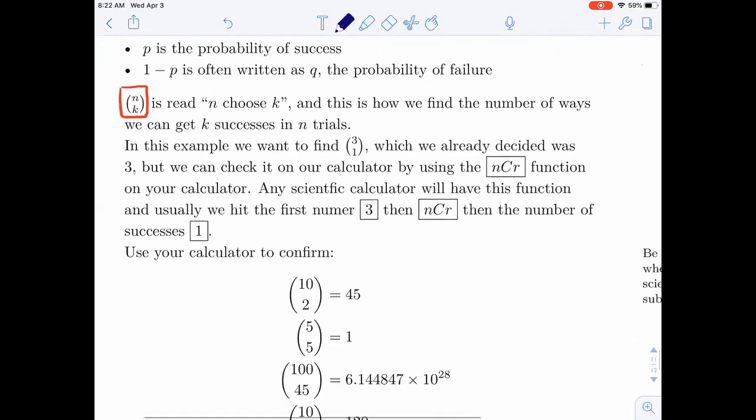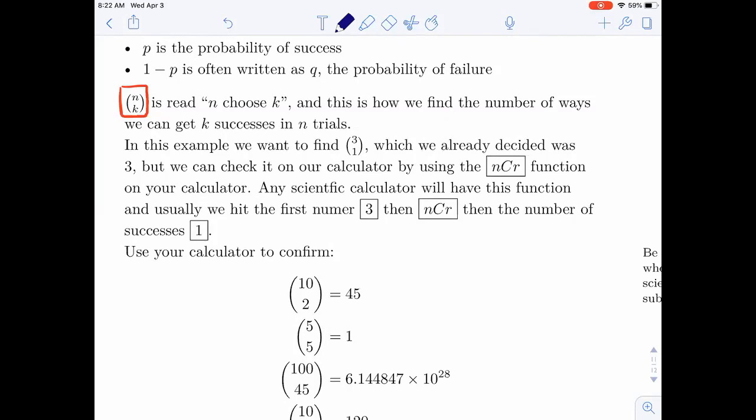For us, we've got 3 trials and we're looking for exactly one success. So we're looking for 3 choose 1. We already know there's only 3 ways of getting exactly one success, because we drew it out and we said, okay, well, there's these 3 options.